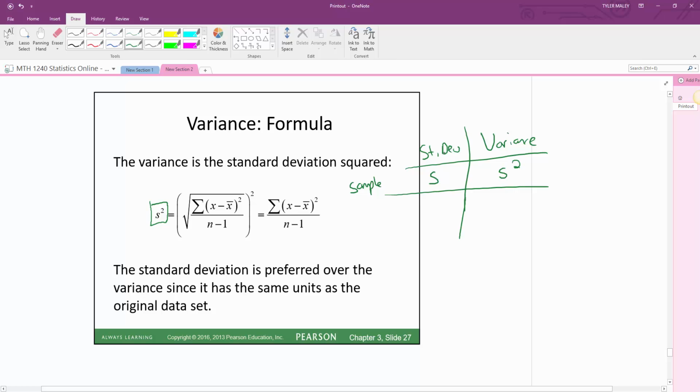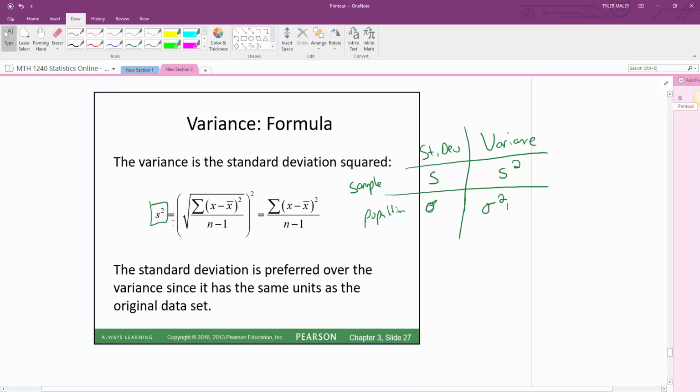But the standard deviation for the population is sigma, sorry, that's theta. So then the variance for the population, of course, would be theta squared. All right, so it's the same equation, we just squared it.